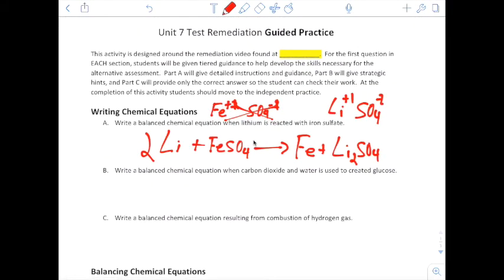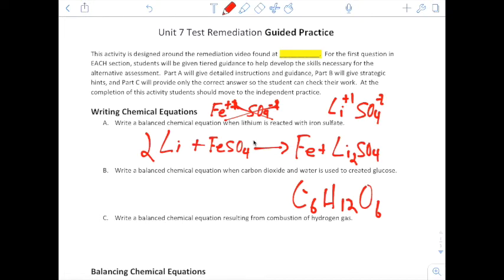B, it says write a balanced chemical equation when carbon dioxide and water is used to create glucose. Glucose we might not remember, but glucose is C6H12O6. That's glucose. So you use that. Make sure you set it up where carbon dioxide, it's a non-metal bond, so it's covalent, so you don't need to crisscross.